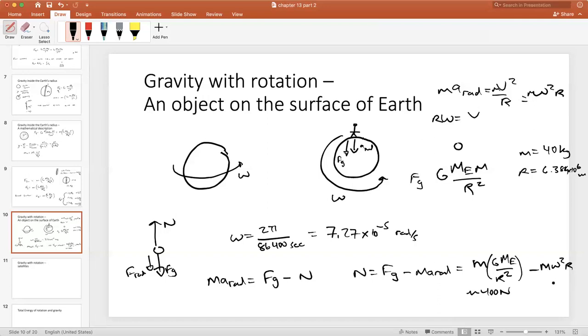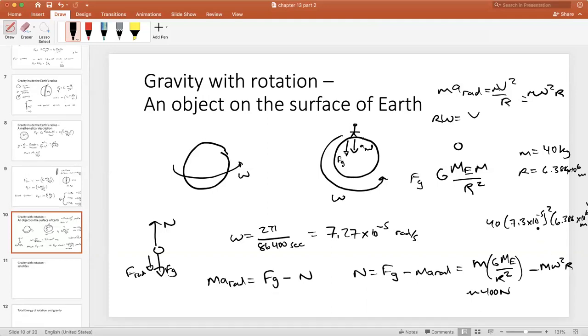How big is this centripetal force? Well, I can see that this would be 40 times 7.3 times 10 to the minus 5 squared times 6.388 times 10 to the 6 meters.